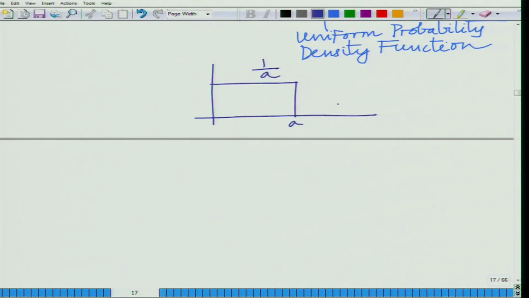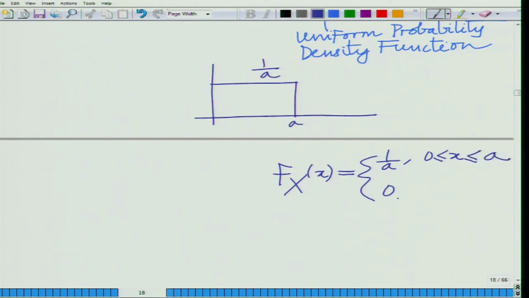So, the uniform probability density function is basically given as 1 over a for 0 less than or equal to x less than or equal to a, and 0 otherwise.